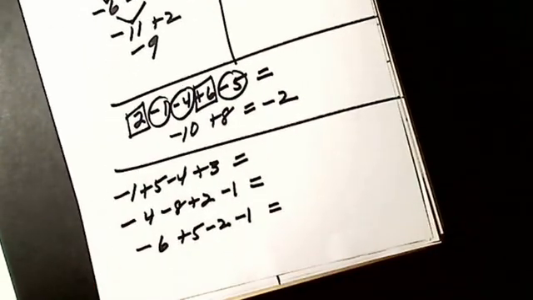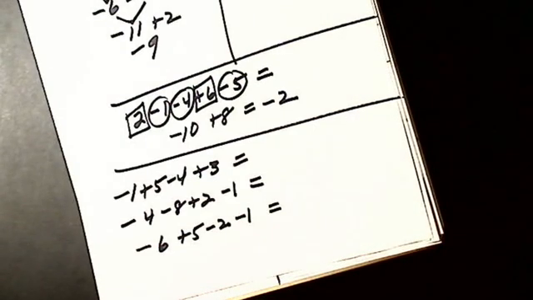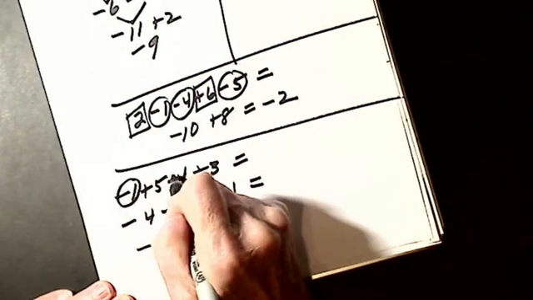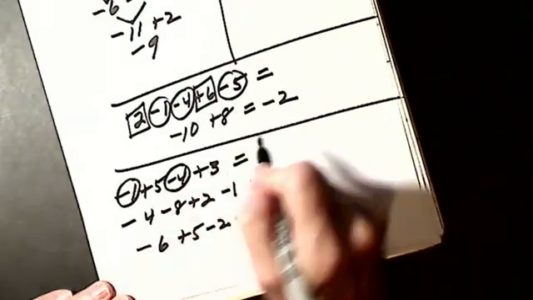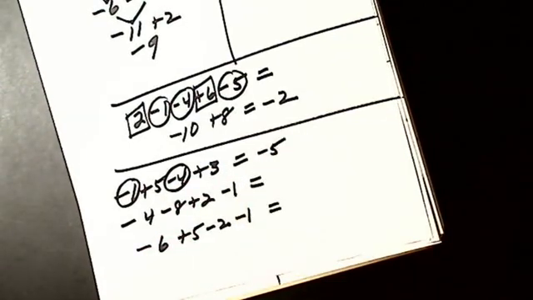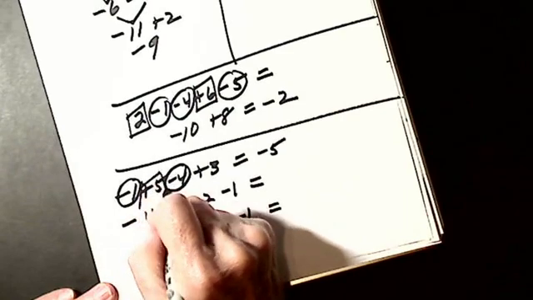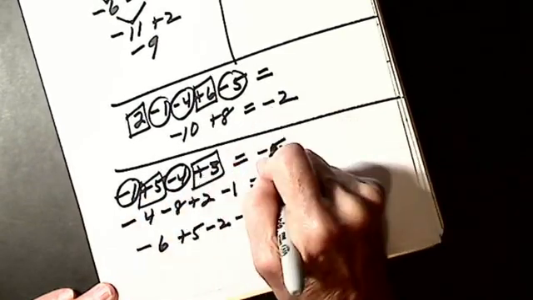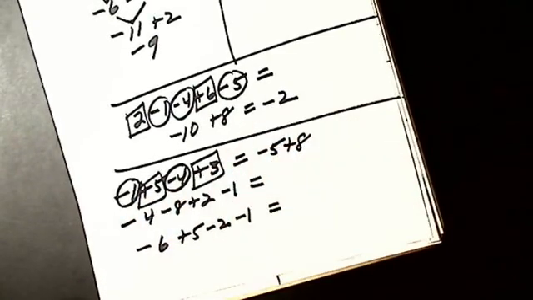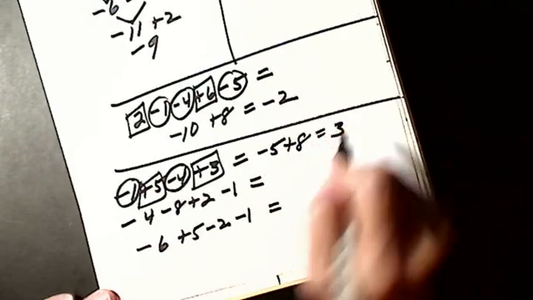Okay, so now what I'm going to do is group my like signs. If the signs are alike, add. If the signs are different, subtract. So I'm going to group them. I get -5. I'm going to group these. I get +8. So my answer is 3.